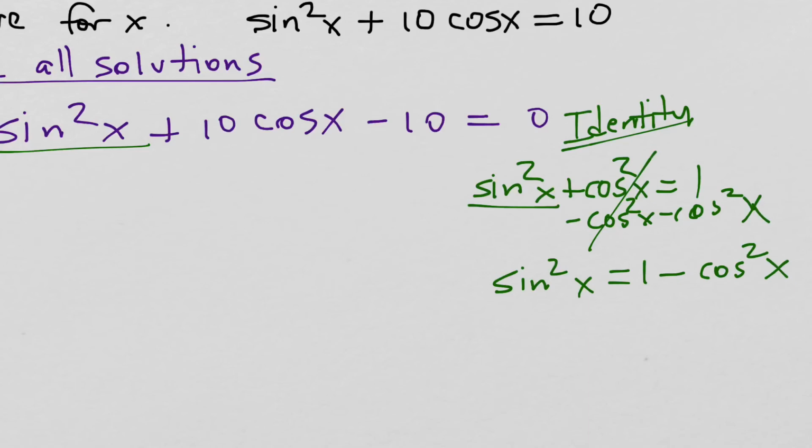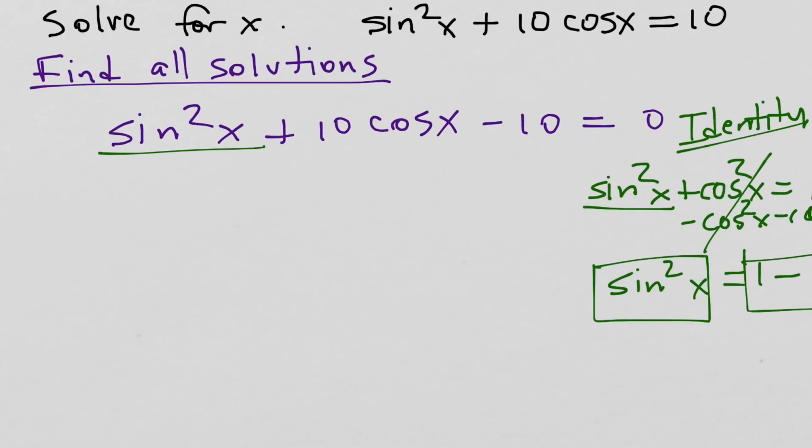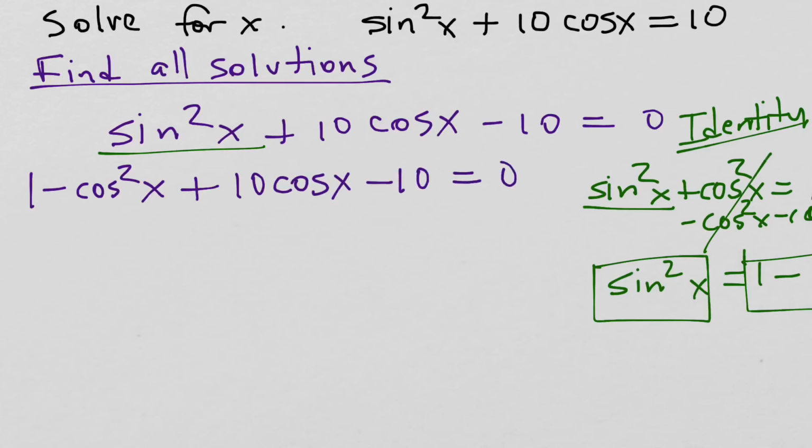Wherever I have a sine squared of x, it can be replaced with 1 minus the cosine squared of x. So let's do that. I've got 1 minus the cosine squared of x plus 10 times the cosine of x minus 10 is equal to 0. Now you can see I'm going to be able to get this into a quadratic looking format. Squared here, first order term here, and then constant here.